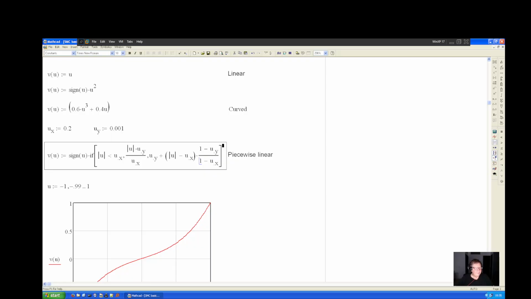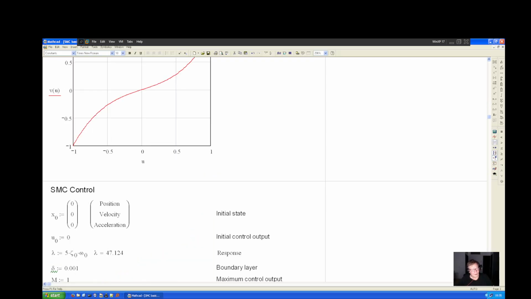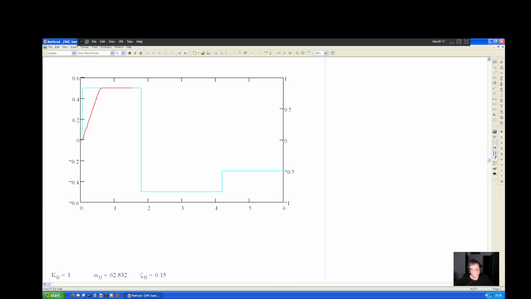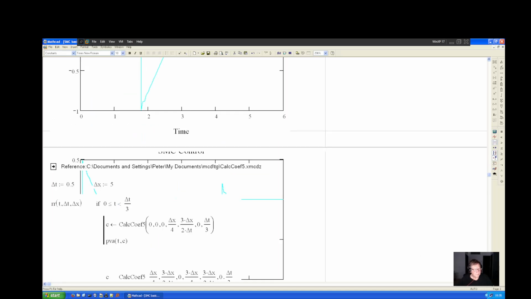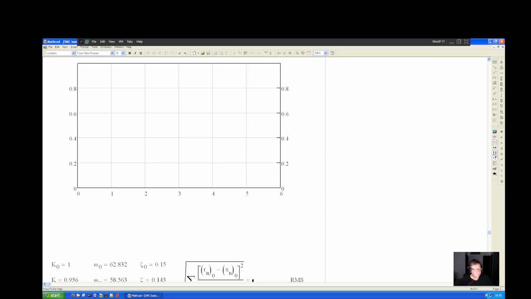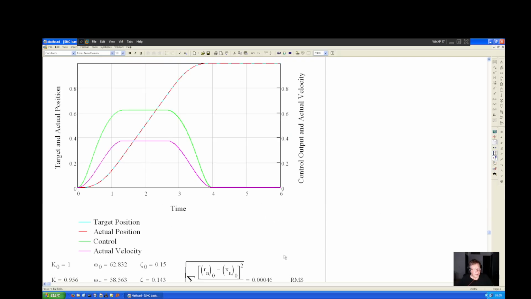A lot of valves will call this curvilinear, but it's not linear at all. Again, this works just about the same. And this is about the same. The error is less than half a millimeter.